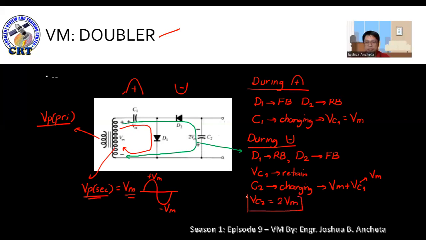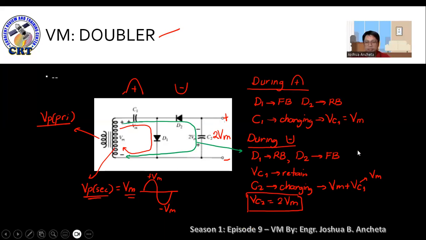Alright? So that's why with this circuit, we can produce 2 times the Vm. So this is the output terminal of the voltage doubler, equivalent to 2 Vm. Okay, so I hope naintindihan yung analysis with this circuit.